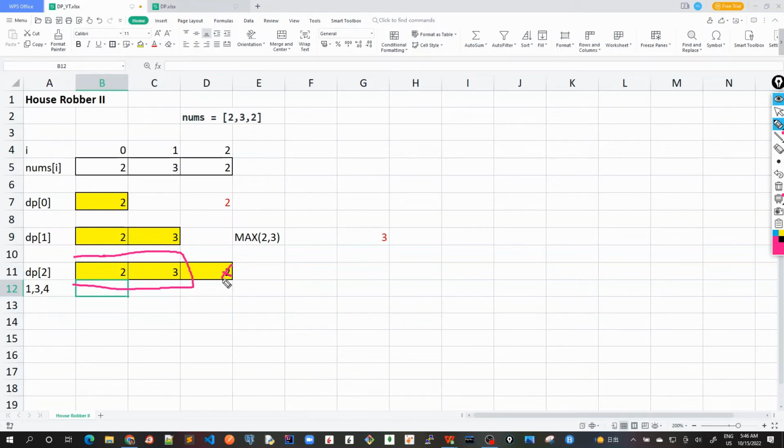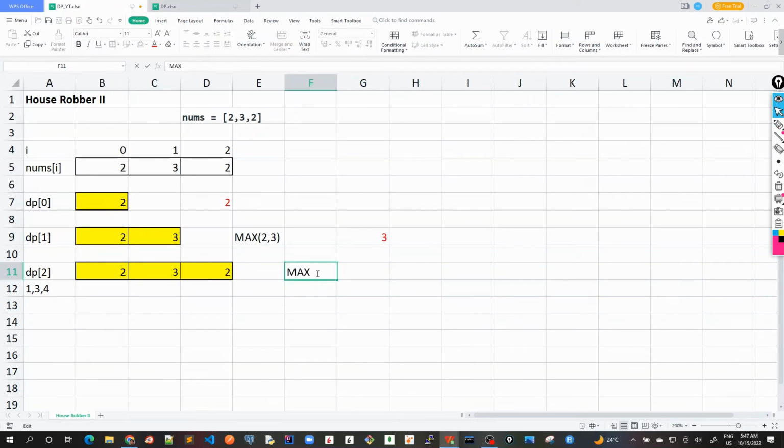Maximum means that if we choose house 2, then we have to choose whatever has been the maximum from 2 plus DP of I minus 2, till this point. And if we don't choose this house, then whatever the DP was before this index that we are currently at. So better to write this in a formula.